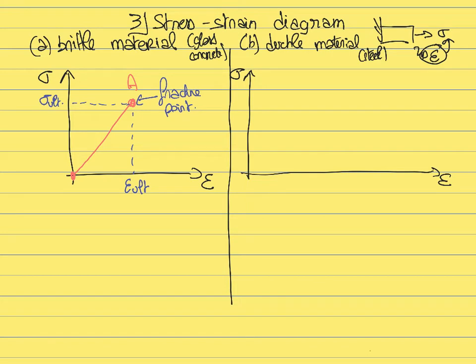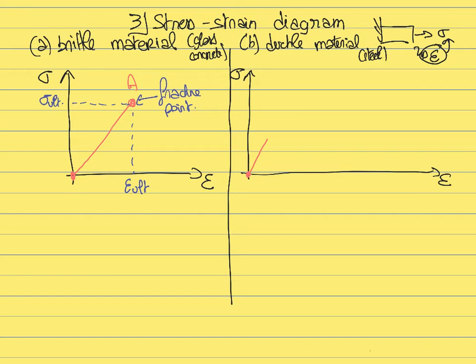The first thing is that, again, for a strain of zero, the stress is zero, or for a stress of zero, the strain is zero. No deformation is observed when there is no stress. Then initially, at very low deformation and low stress, ductile material tends to behave similarly to brittle material.